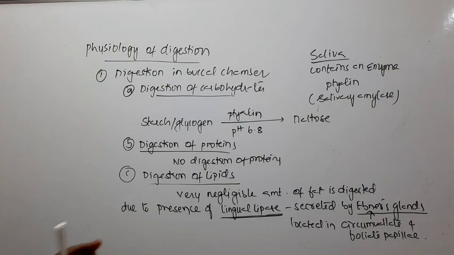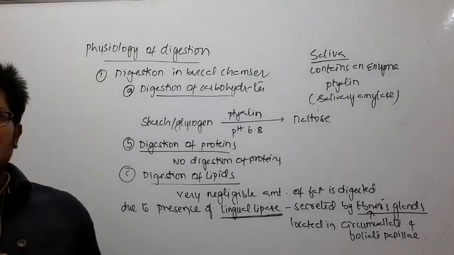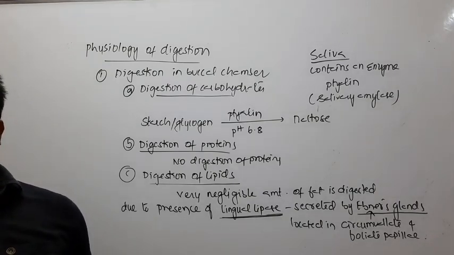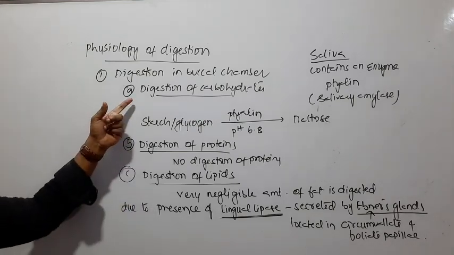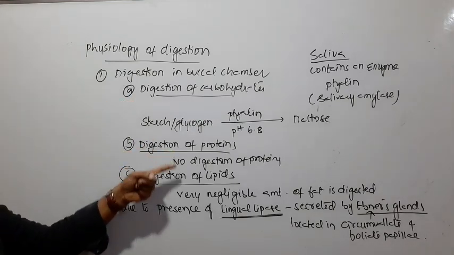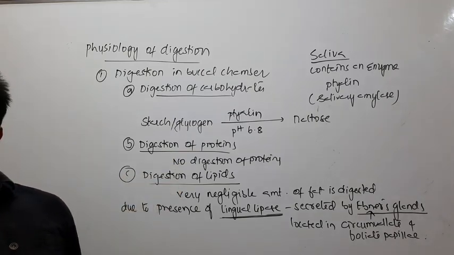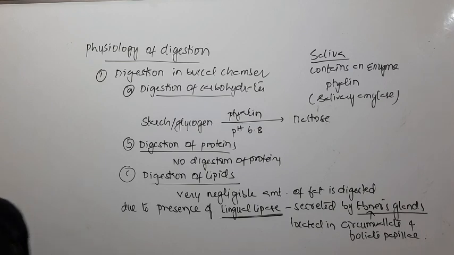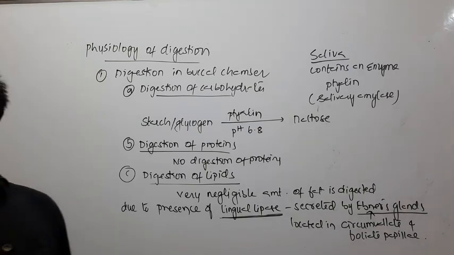So this is the digestion in the buccal chamber. In the next session we will see the digestion in the stomach, again with the digestion of carbohydrates, proteins, and lipids, and then in the small intestine also. Thank you.